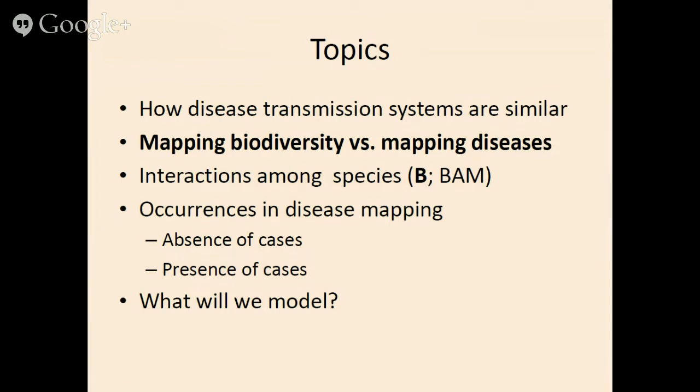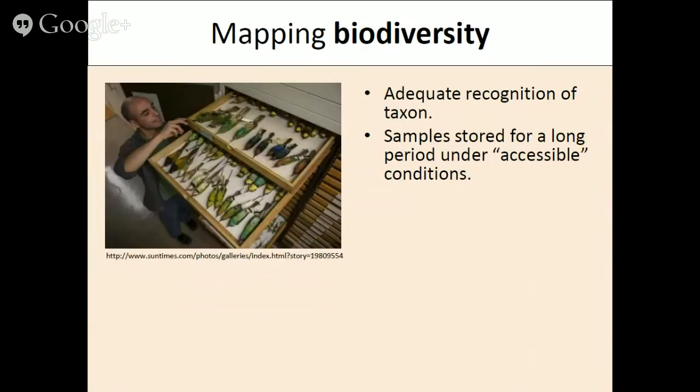But how are diseases different? Well, I'm going to talk a little bit about biodiversity, but you can see the first presentation in this course that talks a lot about this topic. And something that is great in biodiversity is that they have adequate recognition of all the species. There are people that have specializations to identify the species using bones, using genetics, and they have samples stored for a long period under good conditions, and a lot of samples that are available for people.